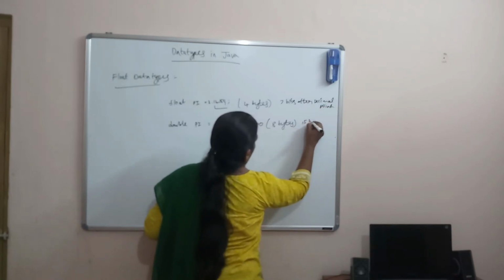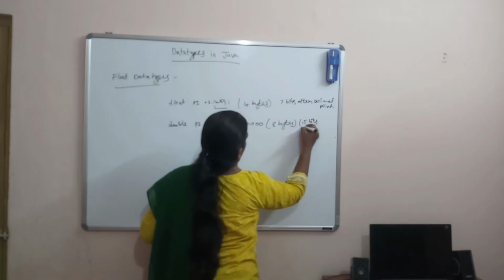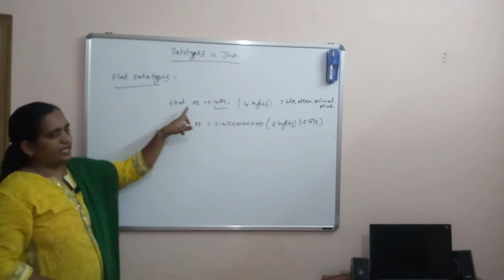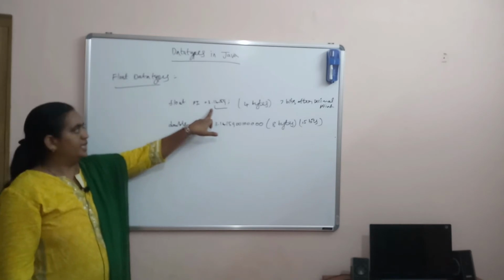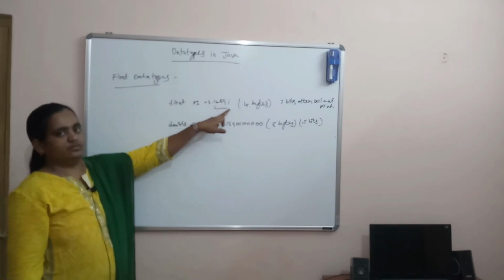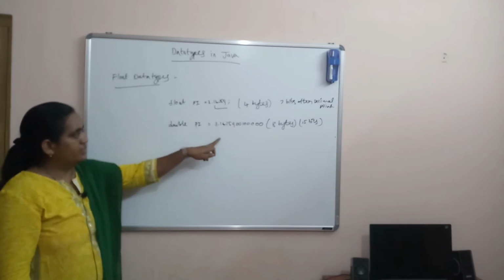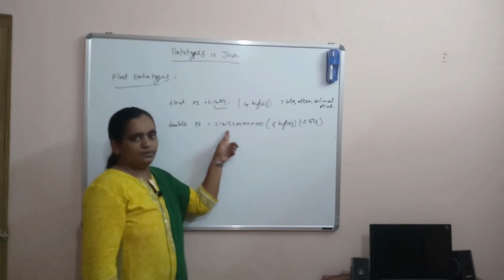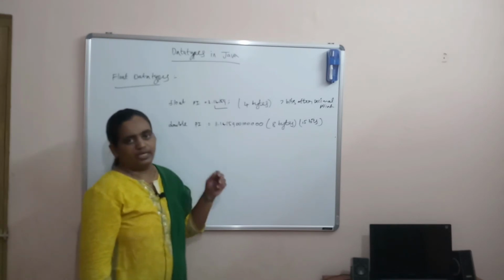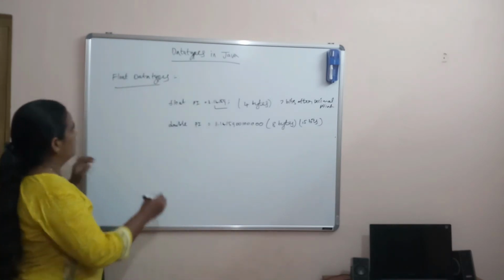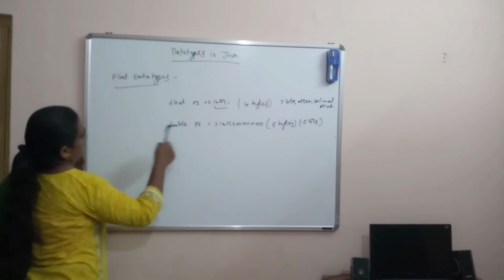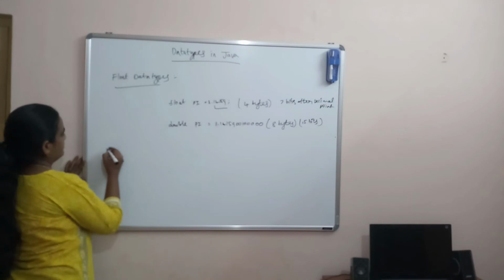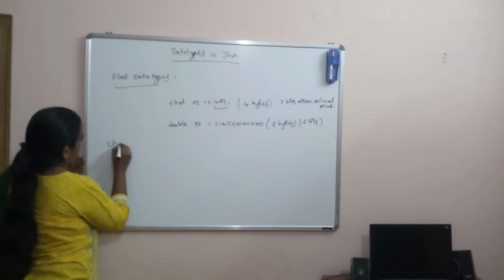Here float has 7 digits after the decimal point, and here double takes 15 digits after the decimal point. So we can take float for the pi value up to 7 digits. I would like to take more than 7 digits after the decimal point, so that's why I take double data type. This is the literal, this is the variable, this is the data type. Now coming to character data type.